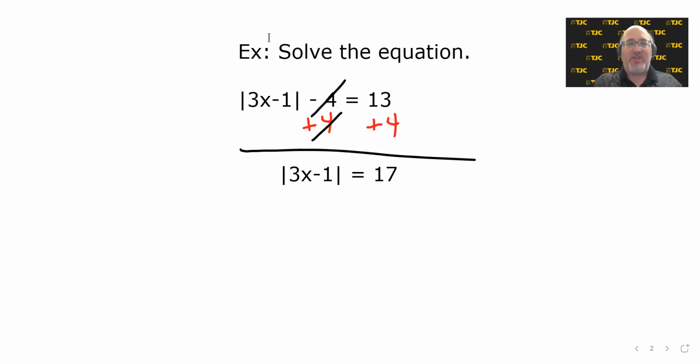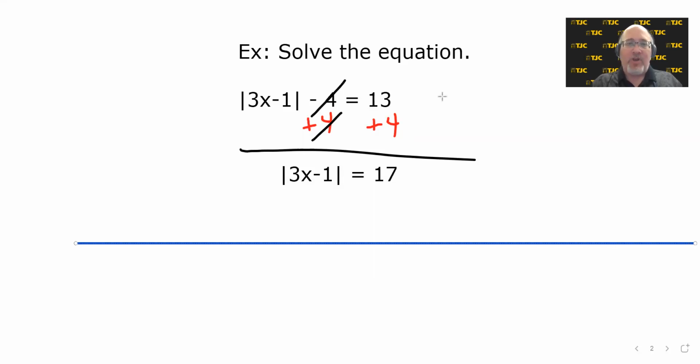Remember what this means in terms of distance from 0. Absolute value just means distance from 0. So if we were on a number line, what this equation is saying is that the expression on the inside, 3x minus 1, has to be 17 spaces away from 0. Well, where would that put it?